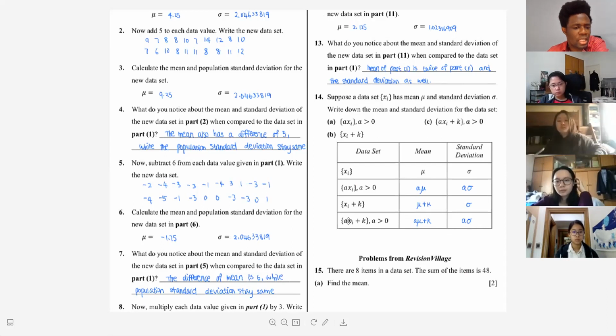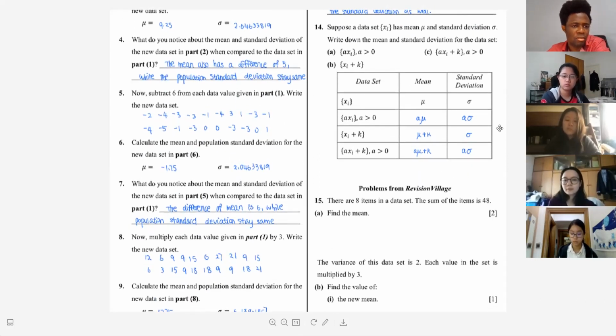So there are two things. When multiplied by a constant, both the mean and standard deviation are multiplied by the same constant. But when a constant is added, only the mean is affected. The standard deviation remains the same. So the first operation, multiplication, affects both of them. The second operation only affects the mean. That is why you have this summary table. Understand? Very good, everybody. Wonderful.